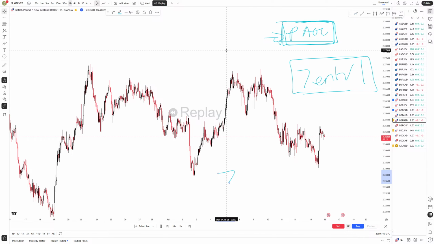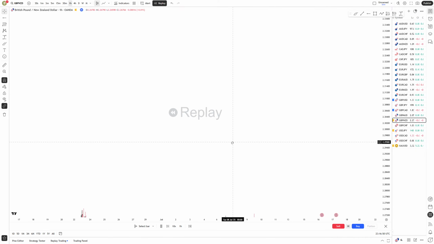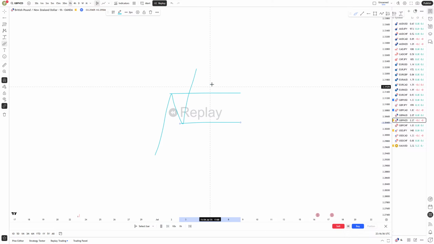If I understood you, you say that if you get the transition after the reaction on the daily time frame, this was the daily break of market structure, and then you go back to the 1 hour time frame and you see the price gives you the transition with the inside formation.